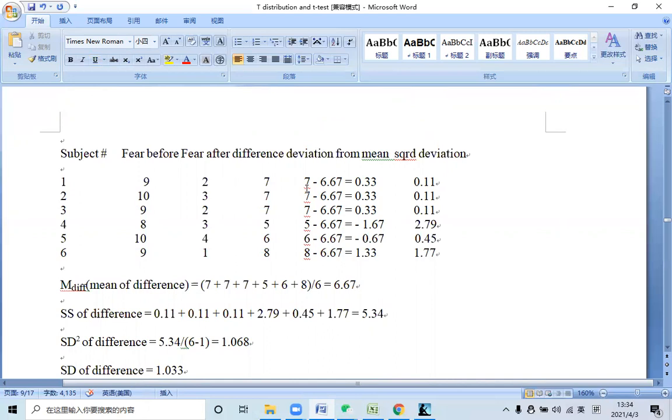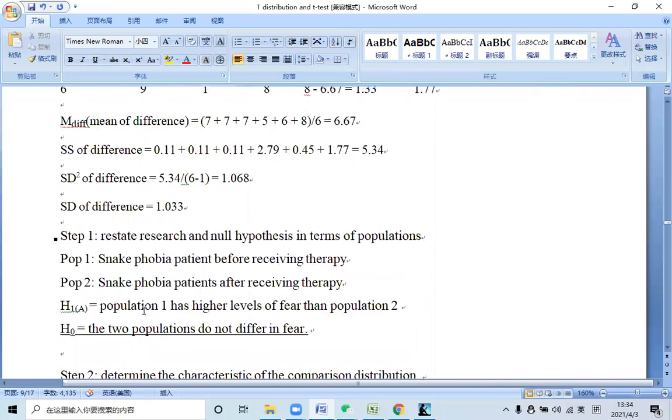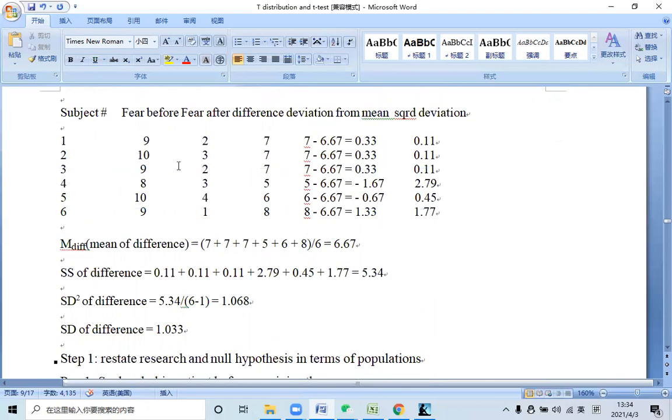Suppose the null hypothesis is true, suppose the two populations have no difference, before and after, pre-test and post-test, before receiving therapy versus after receiving therapy, no difference. Then on average, the difference score would be 0. The difference between the pre-test and post-test would be 0, according to the null hypothesis.